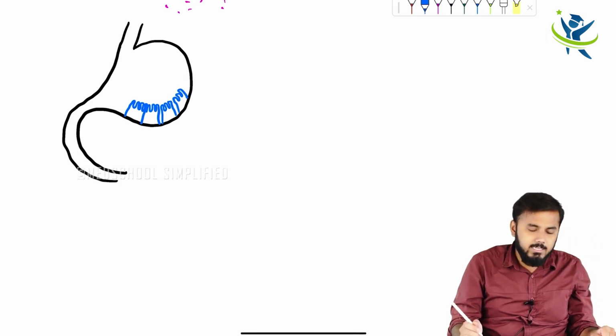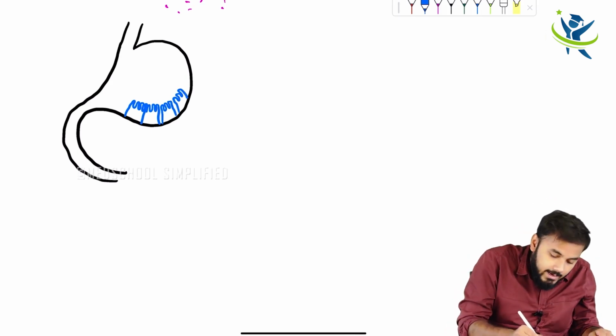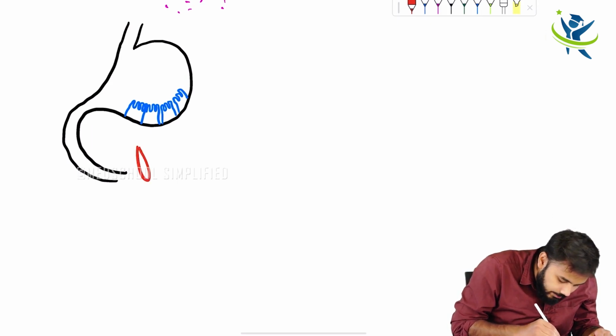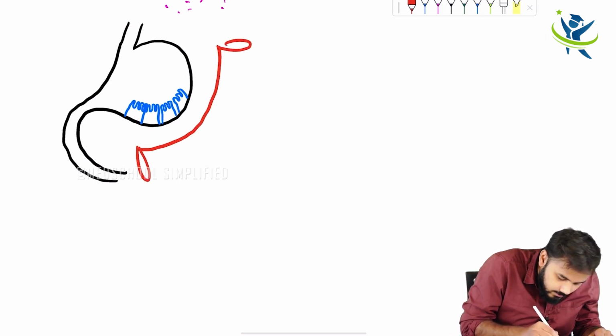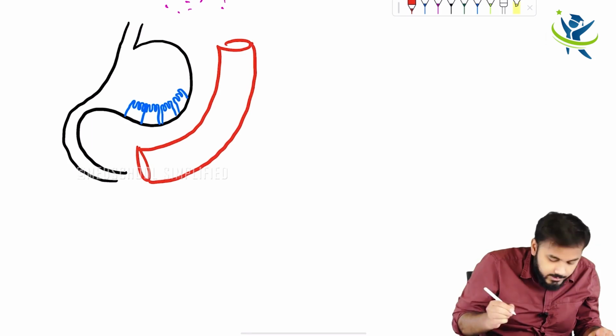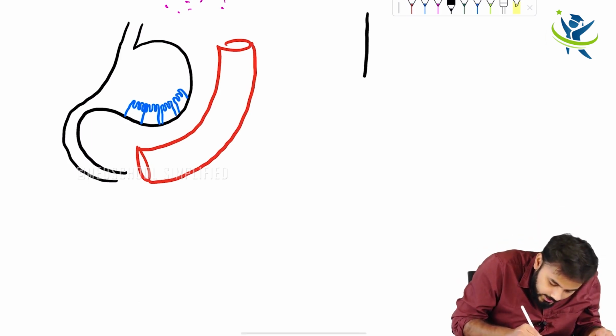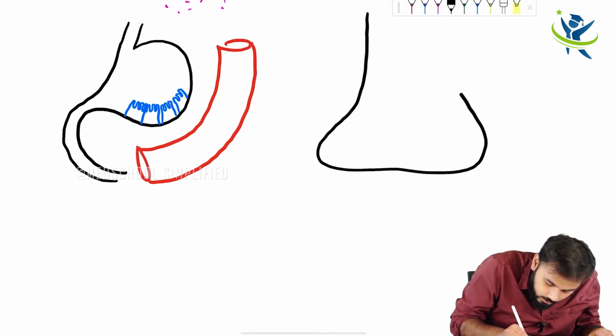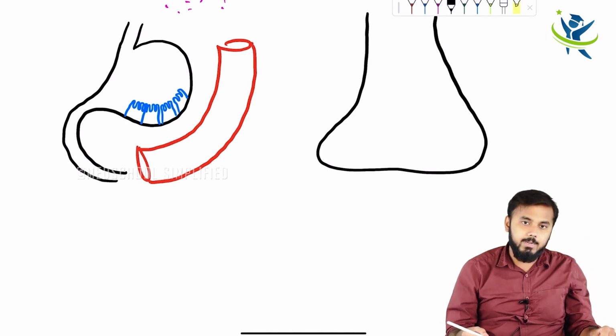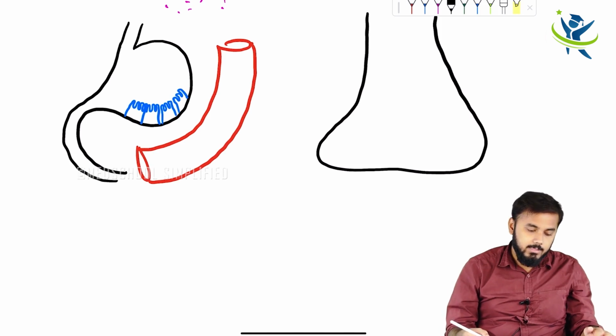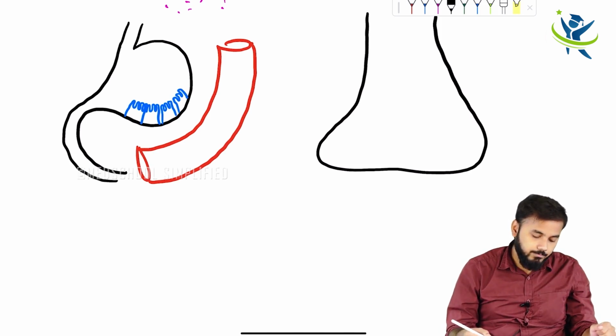And let us say this is your blood vessel. And in another picture, let us draw this as your presynaptic neuron.